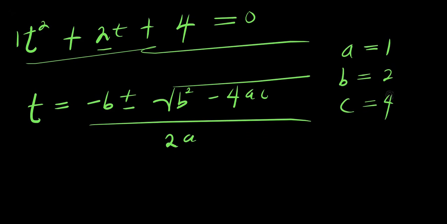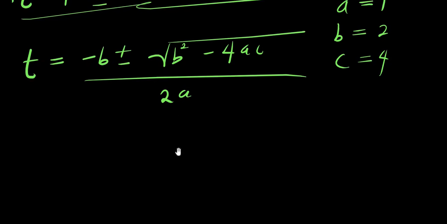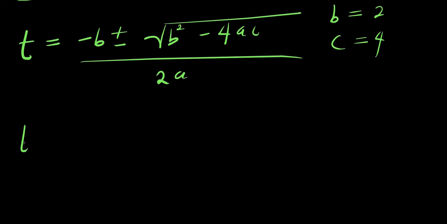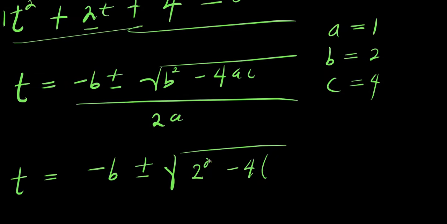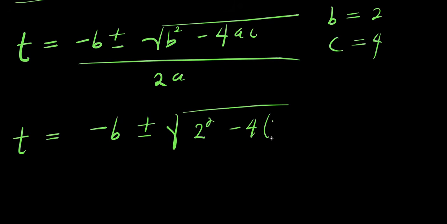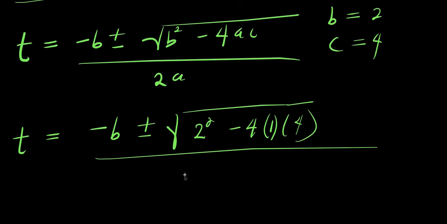And c equals 4. So from here, we have t equals negative b plus or minus square root of 2 squared minus 4 times 1 times 4, divided by 2 times 1.